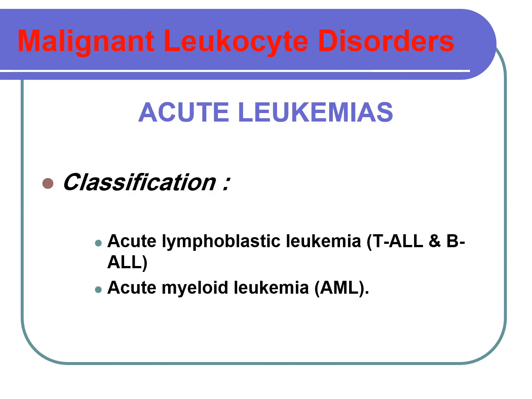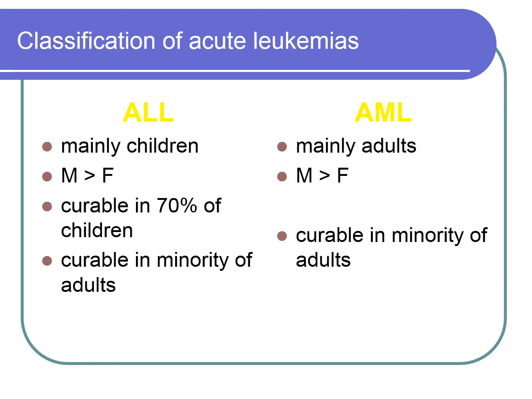Going to the malignant leukocytic disorders, the most common cause is acute leukemia, and as I told you at the beginning in the classification of malignant disorders, it may be either acute lymphoblastic or acute myeloid leukemia.